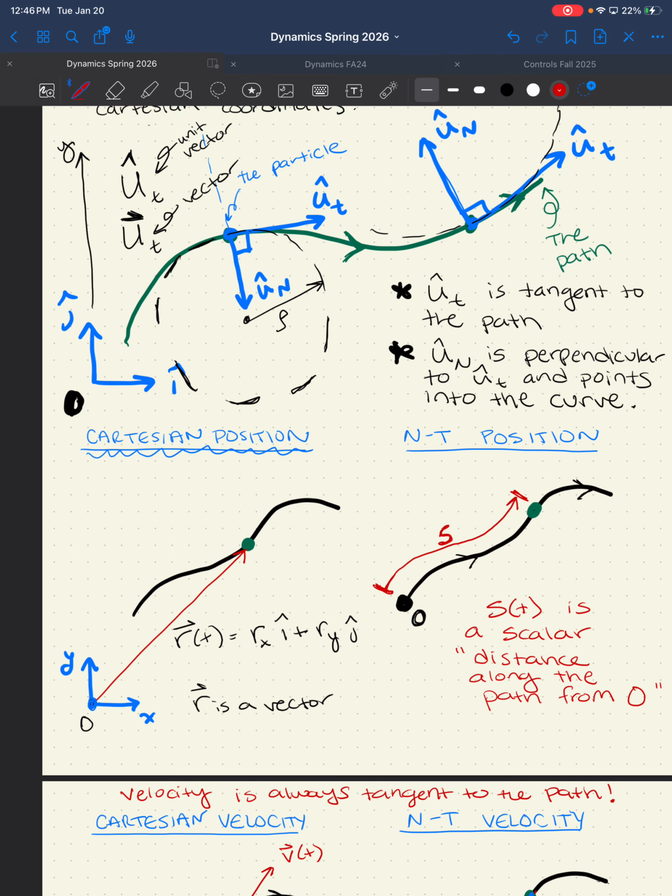We changed our definition of position from being a vector to a scalar.